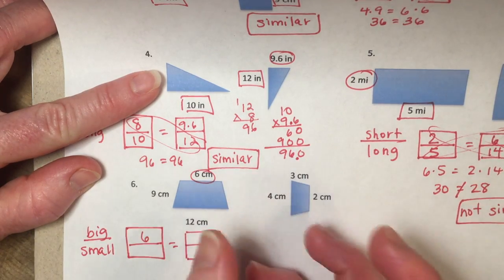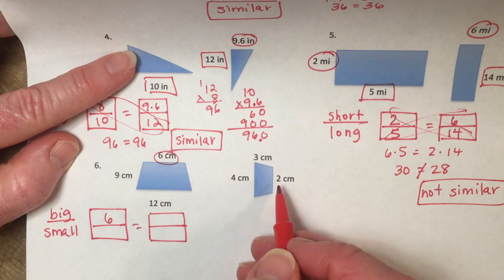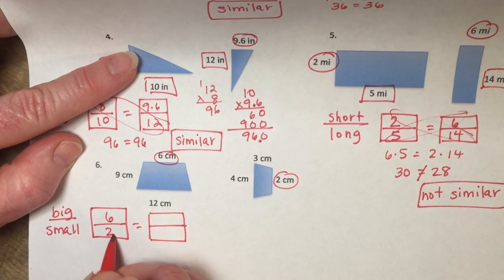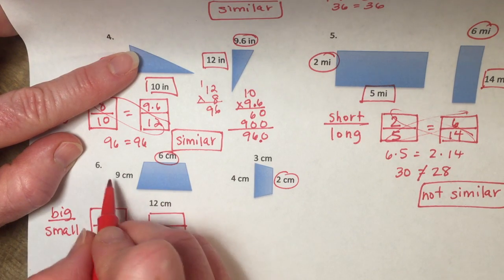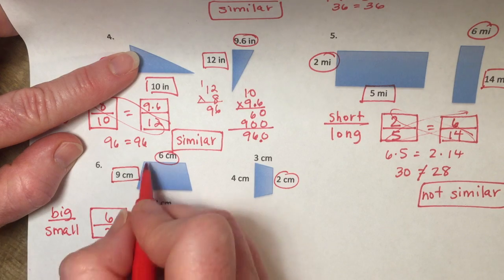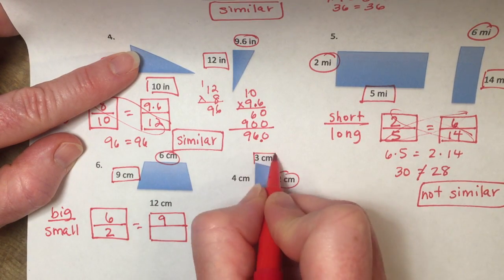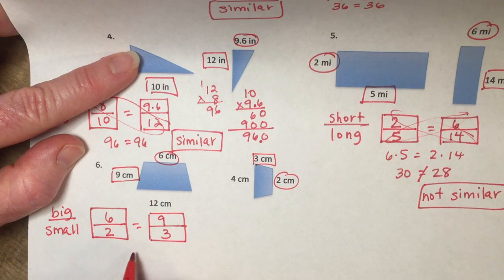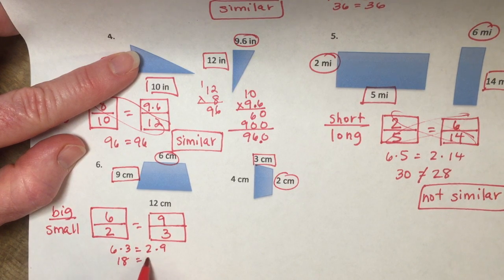I can see that they've rotated this trapezoid, so the side on the small one that corresponds to the 6 would be a 2. Then I'm going to pick a different side on the big trapezoid, 9, that slanted side there. On the small one, that would be the 3. If I cross multiply 6 times 3 and 2 times 9, I get 18 for both. So it looks to me like these are going to be similar.